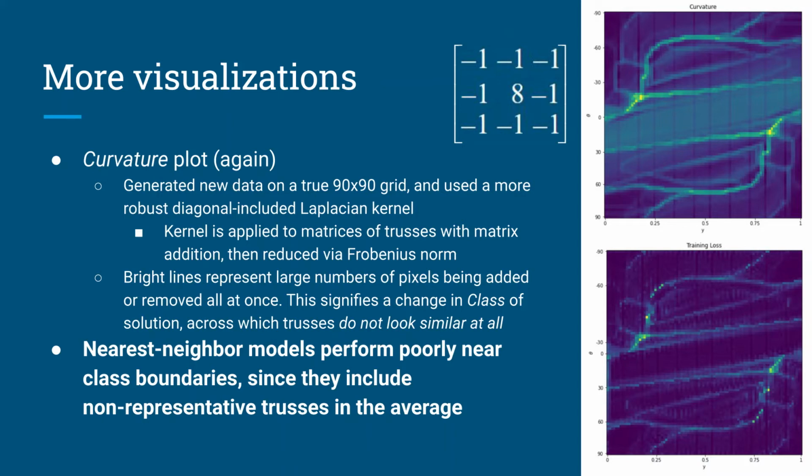The trusses on one side of these lines compared to the other side gain or lose truss members and fundamentally change in class. By also plotting the training loss in the same space, we can see that they follow the same lines. Of course, a nearest neighbor averaging method will perform poorly if it tries to take the average of data that is not representative.